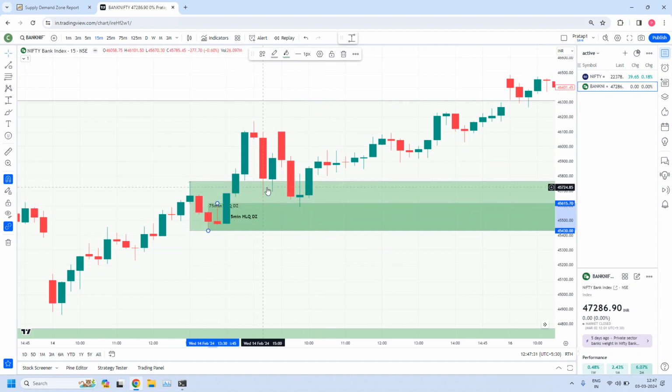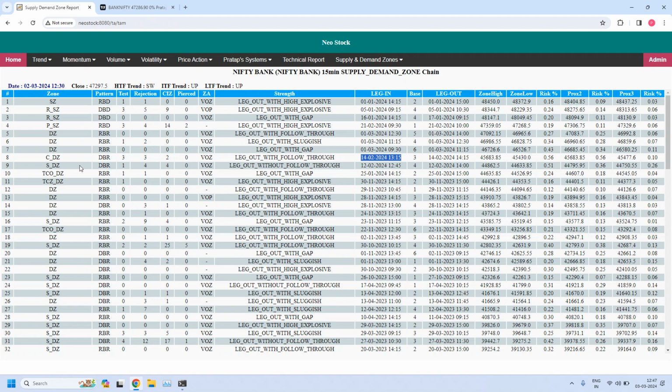This is a 15 minutes high liquidity demand zone. That is what we have seen. And the next one is the ninth one.